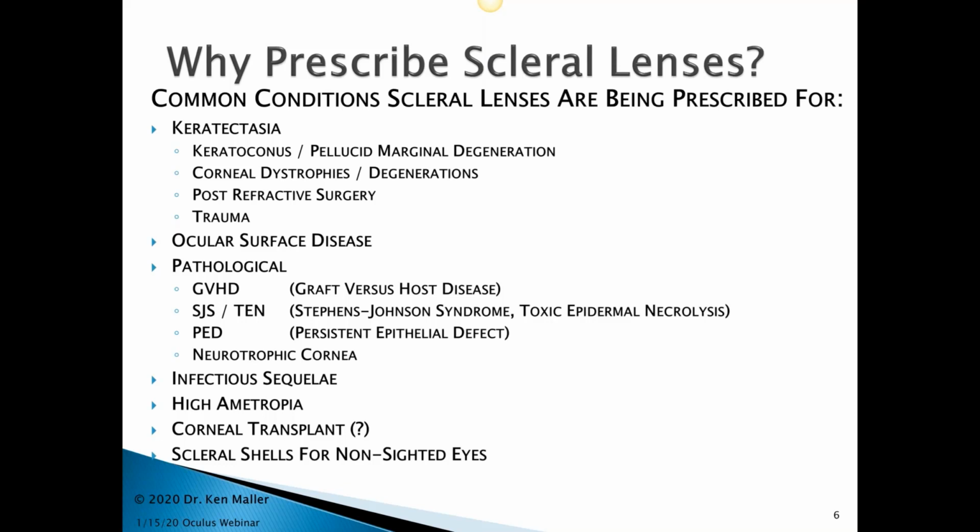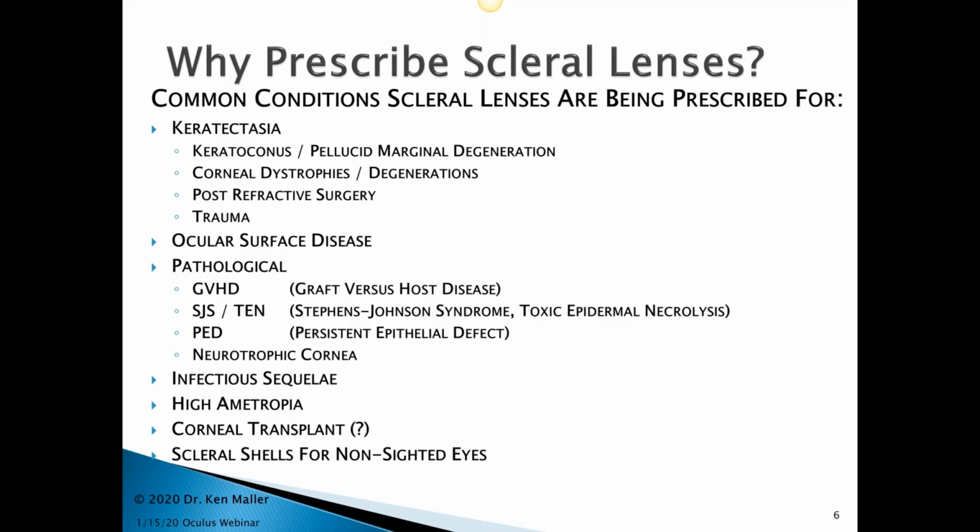In addition to keratoconus, probably the second most popular reason these are being prescribed is ocular surface disease, such as dry eye. These lenses create a very nice artificial environment that the cornea sits in that's wet all the time, and these people can have an enormous amount of relief from their dry eye symptoms.